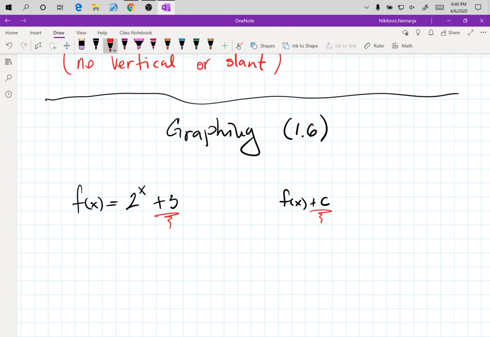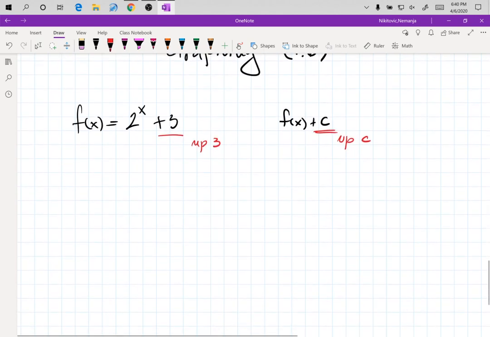As long as it's plus 3 added to the whole function, it does the same thing everywhere. So what did the plus 3 do before? It has to do the same thing now. It shifted up 3 units. So plus 3 over here is up 3. That's all it is, right? Because plus c means up c. You learned that in 1.6, and as I said, it stays the same forever.